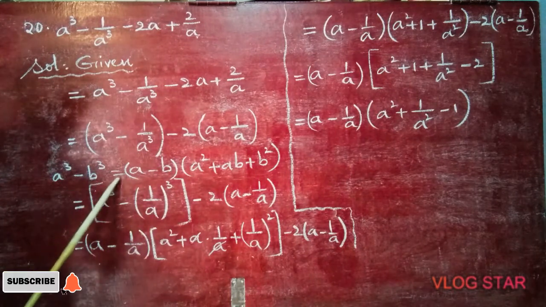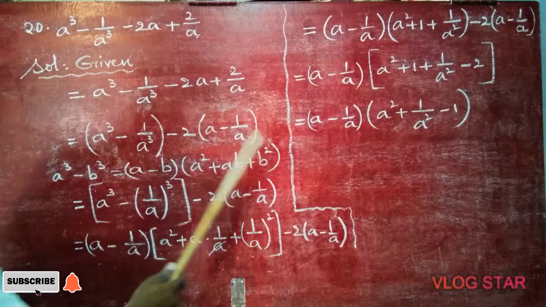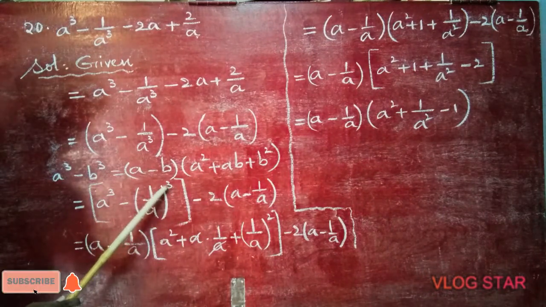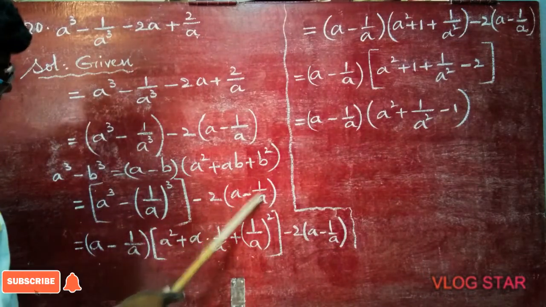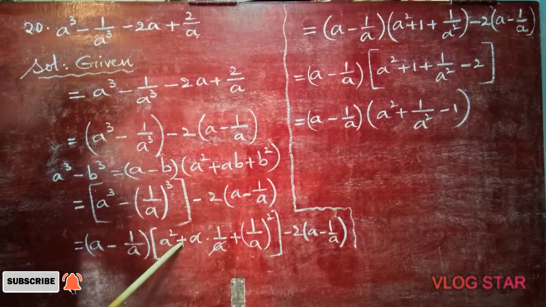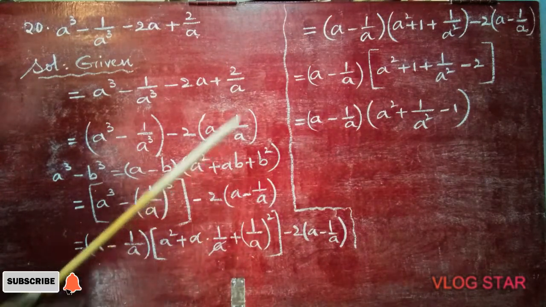A cube minus b cube is equal to a minus b into a square plus ab plus b square. Now a cube minus 1 by a whole cube minus 2 into a minus 1 by a. Now we know the formula, just now I taught you. A minus 1 by a plus a square plus a into 1 by a plus 1 by a whole square.